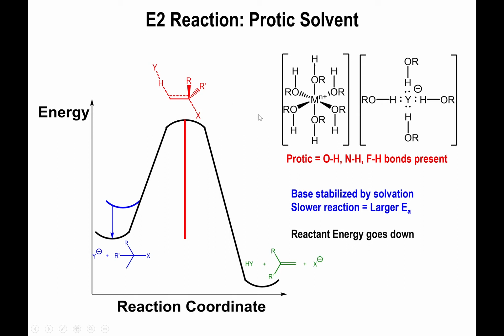So generally speaking, protic solvents that have the OH bond or the NH bond present are going to make it more difficult for your reaction to go forward, simply because the solvation of the anion or the base leads to a stabilization of the reactant. And stabilizing the reactant means that you're lowering the energy of the reactant, which in and of itself means that you're increasing the activation energy.